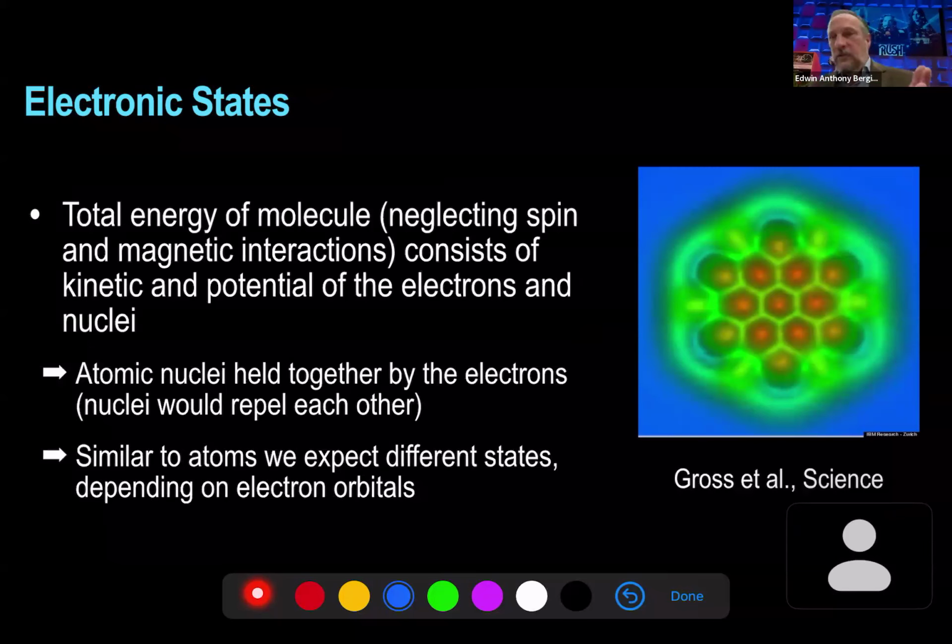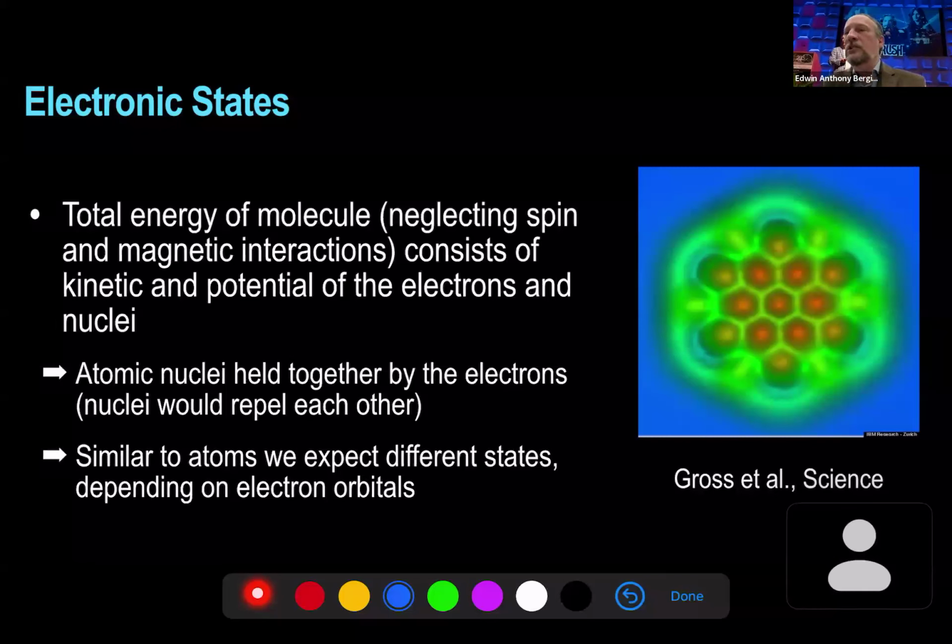Now, atoms: if you solve the Schrodinger equation for the hydrogen atom, you determine the electronic states. Molecules have electronic states as well. But they also have the nucleus that might have some structure. And you take the water molecule, where the two hydrogens are going off. It can rotate, it can vibrate. So the nuclear motions and the electronic motions have to be considered here.